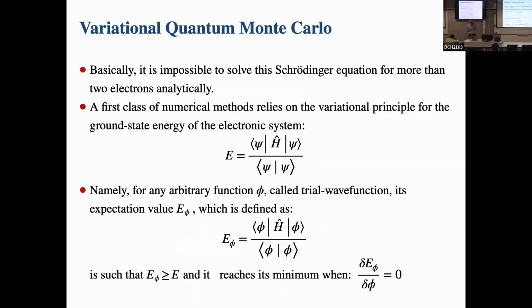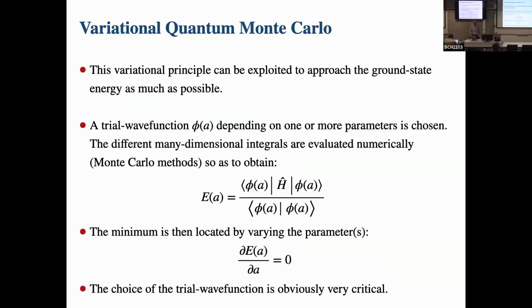Now, one way to solve that, analytically, it's of course not possible, but numerically we can do it. And one way to do that is to take advantage of the variational principle that basically says that if you have the ground state energy of the system, so here I'm taking the bracket for the Hamiltonian divided by the bracket of the wave function, so to normalize it, sorry.